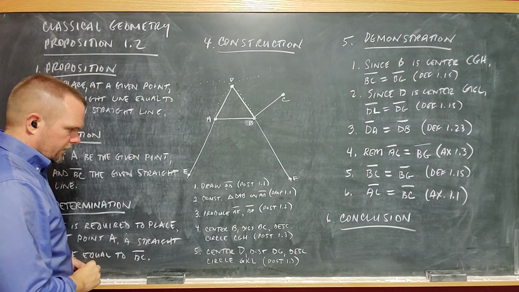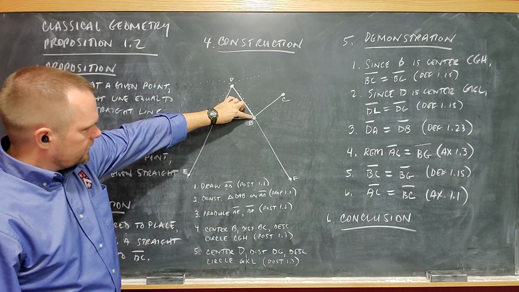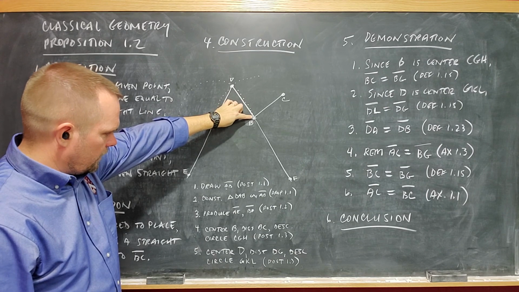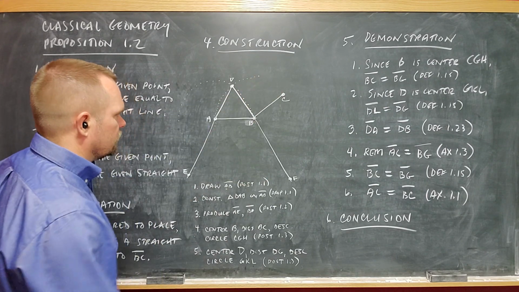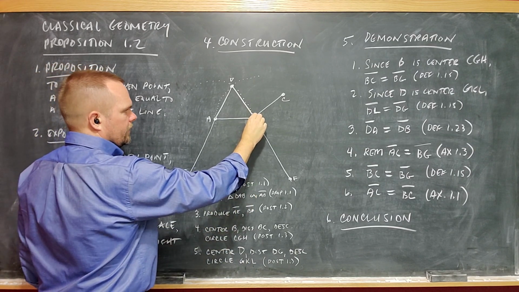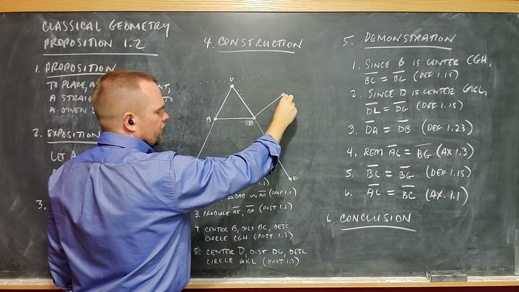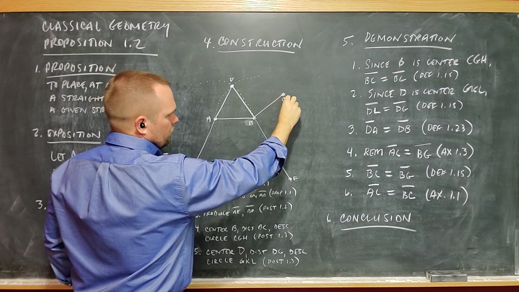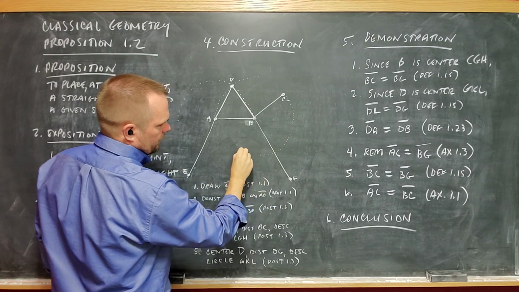All right, next, we're going to take point B as the center of a circle, and we're going to extend to distance C. So we're going to draw a circle from point B as the center with point C on the circumference of that circle, and we're going to draw that circle about point B like this.